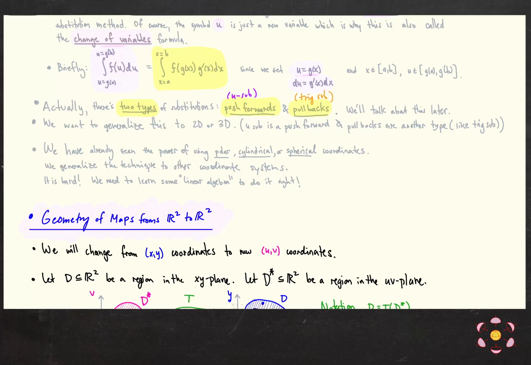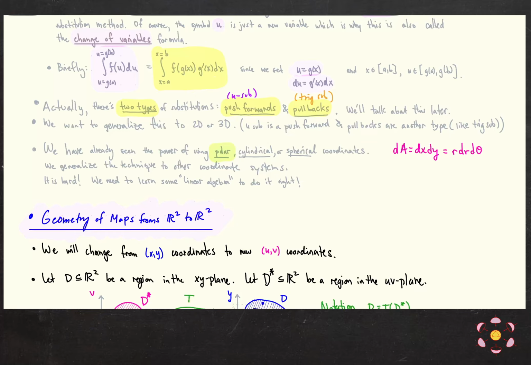Okay, and secretly we've already seen how this works. So when we introduced polar coordinates earlier in the chapter, we saw how to do double integrals here, and we remember that there was formulas that told us dA in rectangular coordinates is dx dy, but when we switch to a new coordinate system, this is r dr d theta.